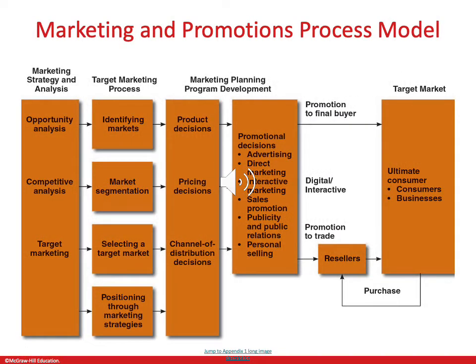So this slide really kind of lays out in detail the marketing and promotions process that most companies follow. And it kind of starts with, as you might imagine, analyzing the marketplace, right? So marketing strategy and analysis. So here we really focus on three things, right?